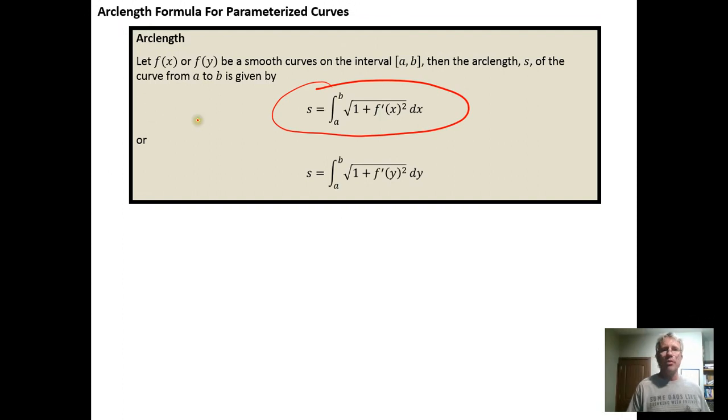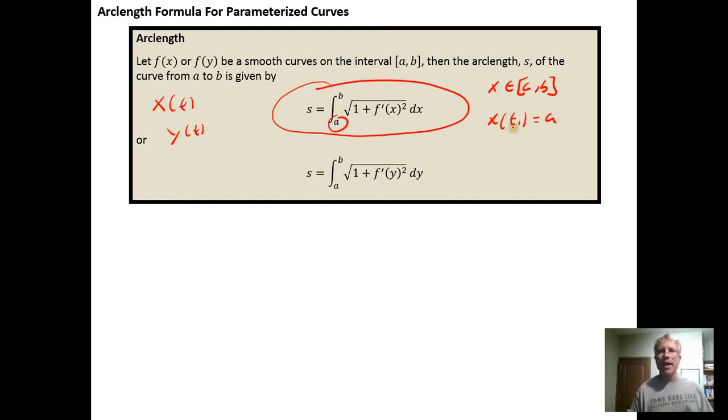What we want to do is identify that if we parameterize our curve, so we have x of t and y of t, then for this number a right here, where x is running over the interval from a to b, there's going to be some t that generated that a.